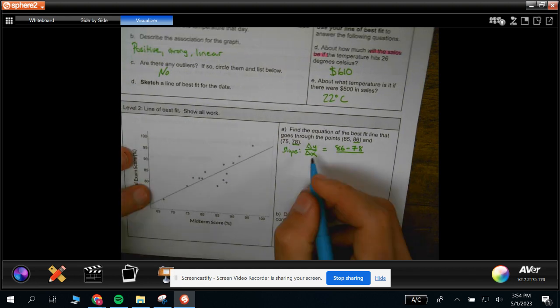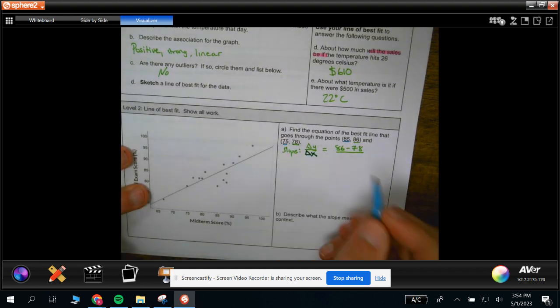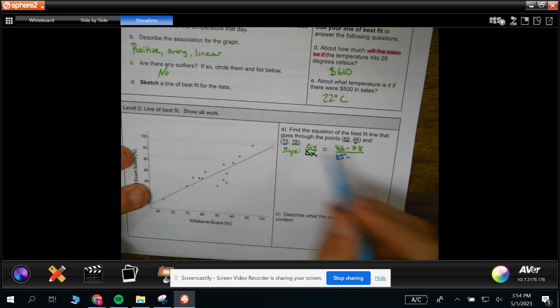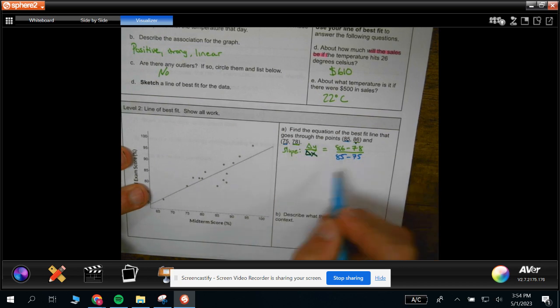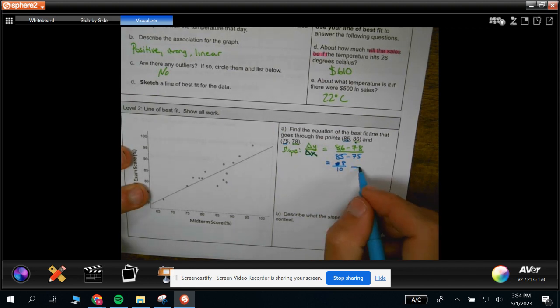In this case, delta x are the x values. If I used 86 first, I have to use 85 first for my delta x: 85 minus 75. Now 86 minus 78 is positive 8, apologies, over 10. So that means my slope is 8 over 10, which is the same as 0.8.